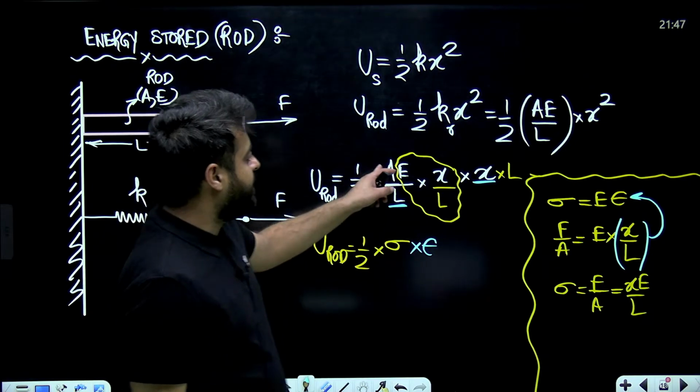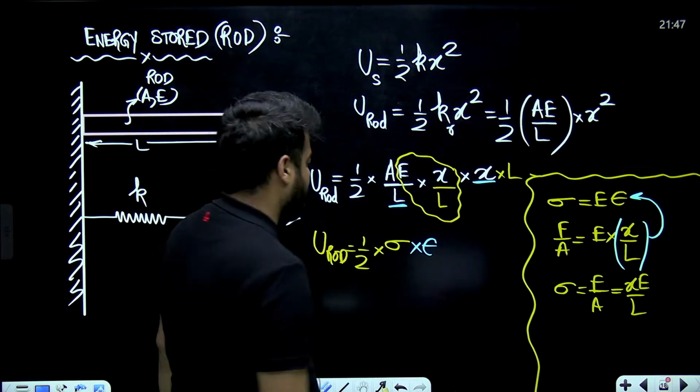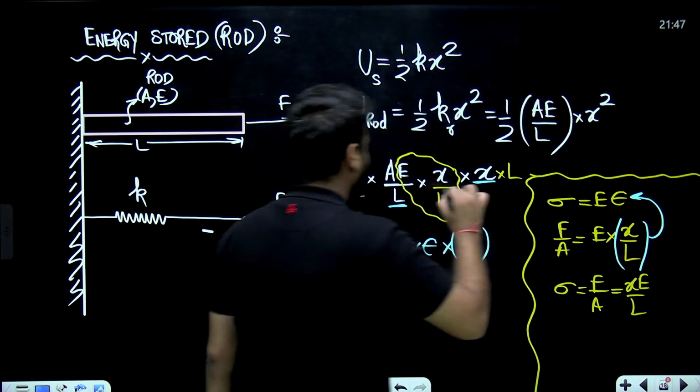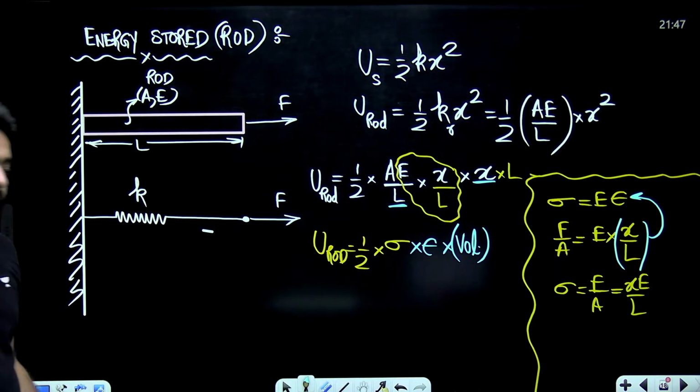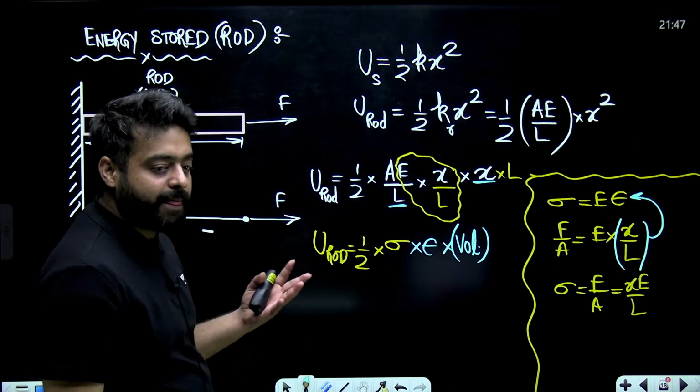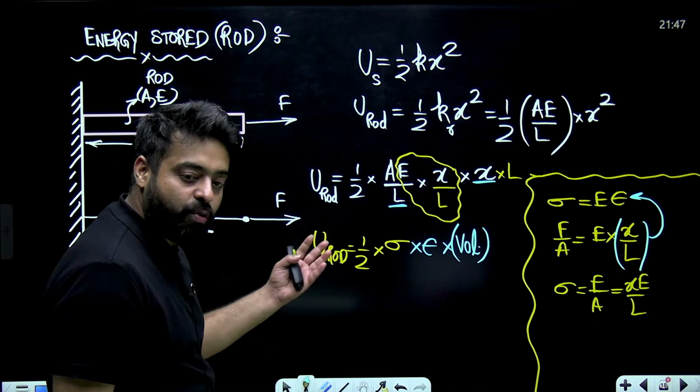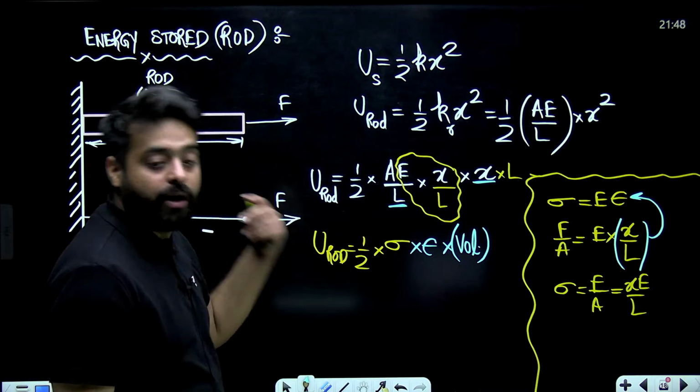The only parameter remaining is area into length. Sir, can I say area into length is the volume of the rod? Yes, that's the beauty part. That is the potential energy stored inside the rod when you stretch the rod.